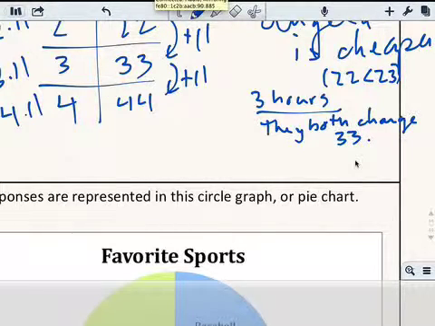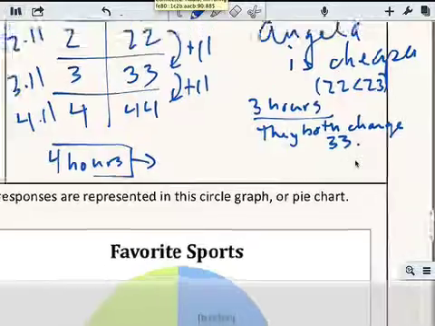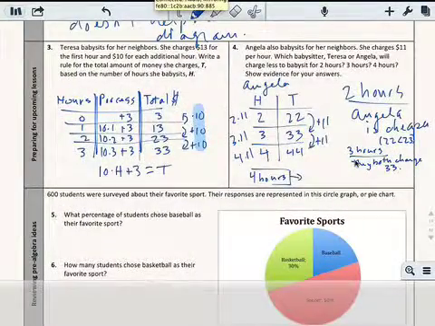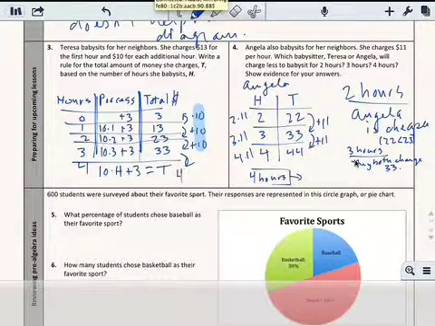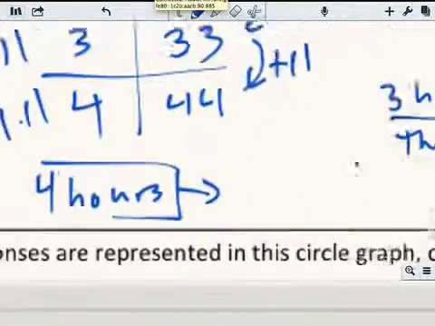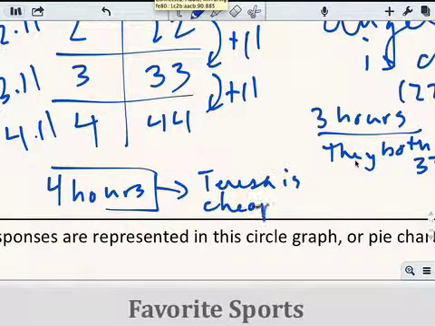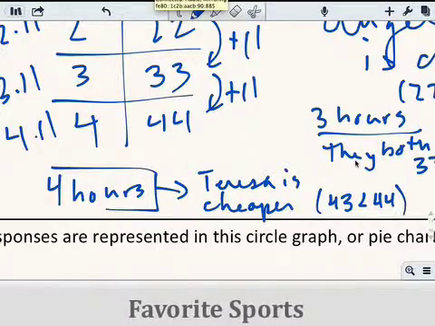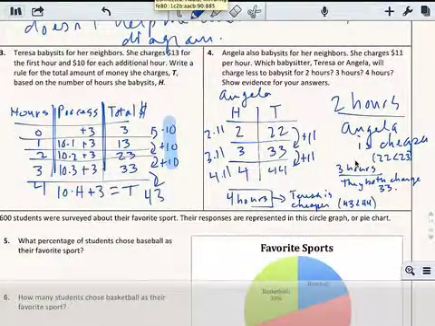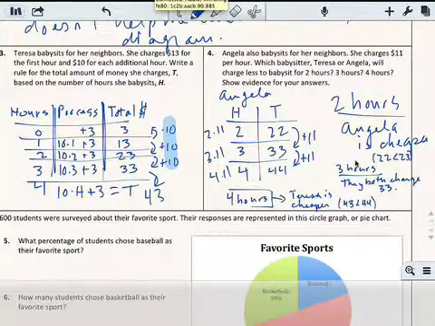And now for 4 hours, Angela charges 44. I'm going to have to add a row to my table here, 4 and then 43. So for 4 hours, it looks like Teresa is cheaper by $1. 43 is less than 44, because if you take 4 hours for Teresa, it's going to be 33 plus 10, which is $43.